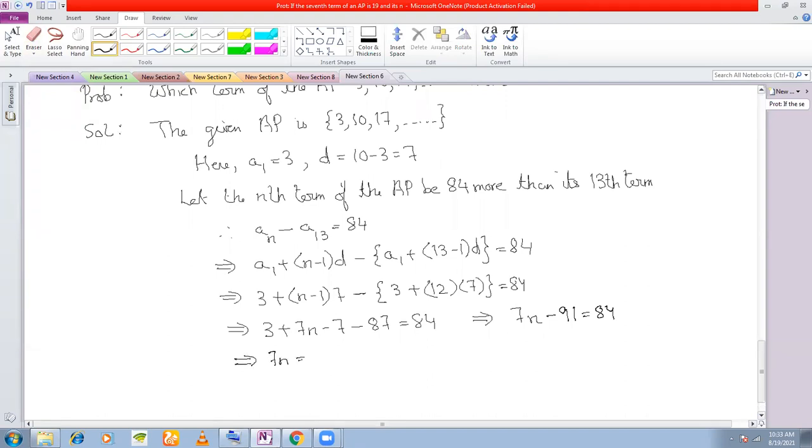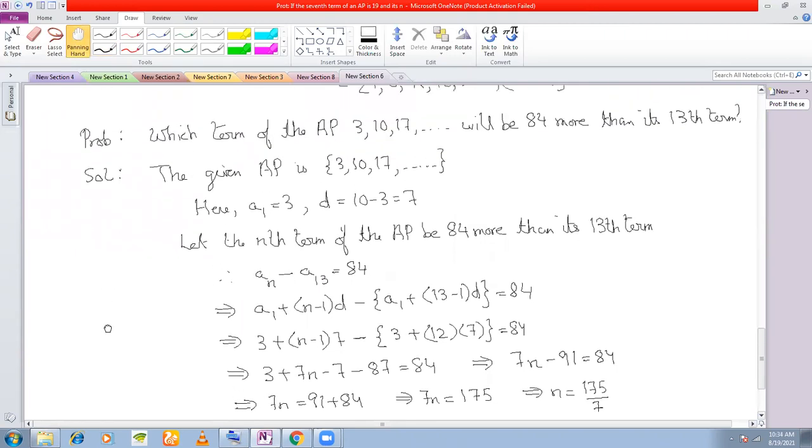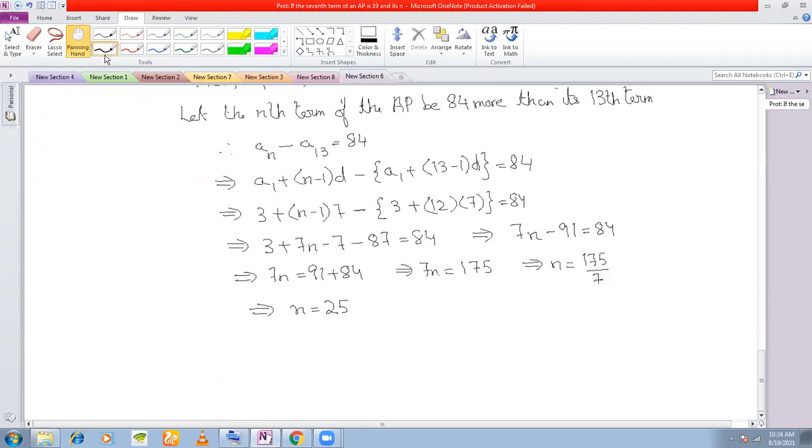And 7n is equal to 91 plus 84, 175. That means n is equal to 175 divided by 7. Means n is equal to 25. So therefore, which term will be 84 more than the 13th term?